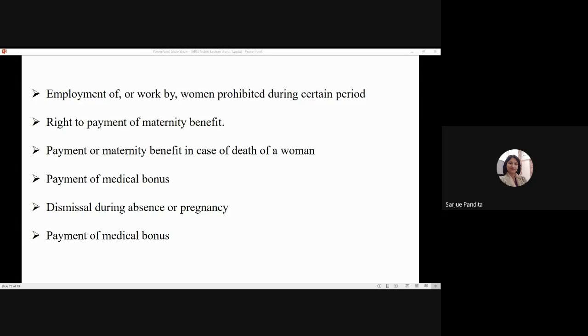And in case there is no such nominee, then to her legal representative. Whosoever will be representing her legally, the amount would be paid to that person.